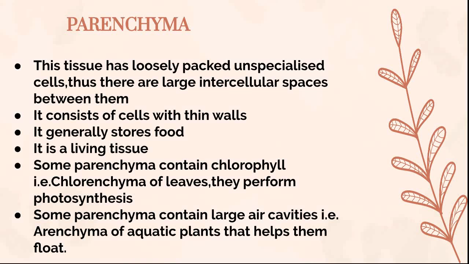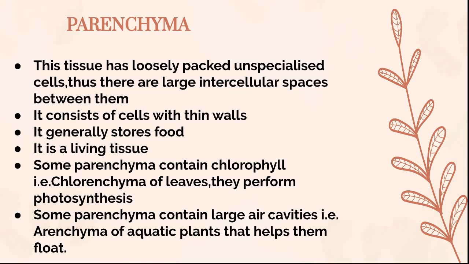And if certain parenchyma cells have large cavities between them, which are especially present in the aquatic plants, then that parenchyma is called aerenchyma, and it helps the plant to float. Because of the large air cavities, it provides the plant with buoyancy. What is buoyancy? Buoyancy is the ability to float. So this is about parenchyma.